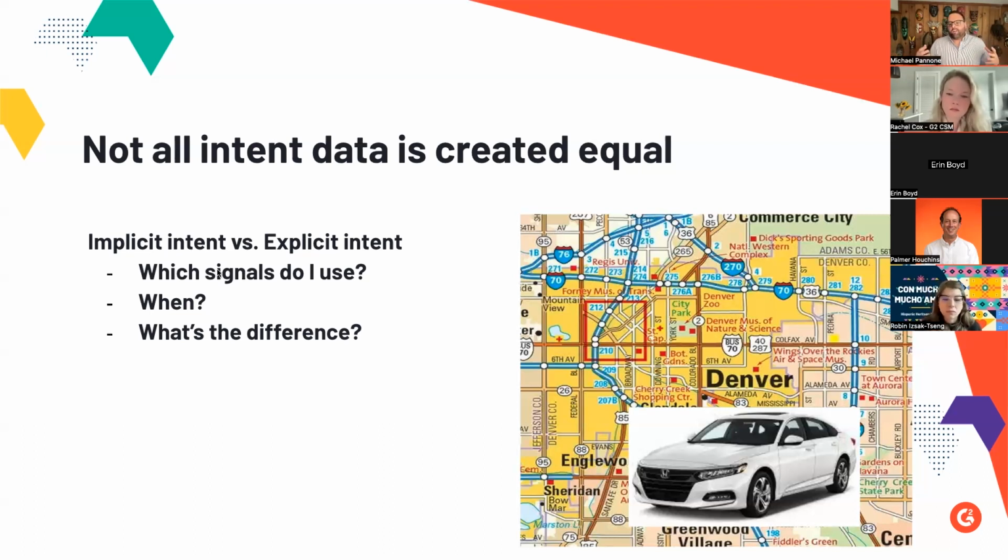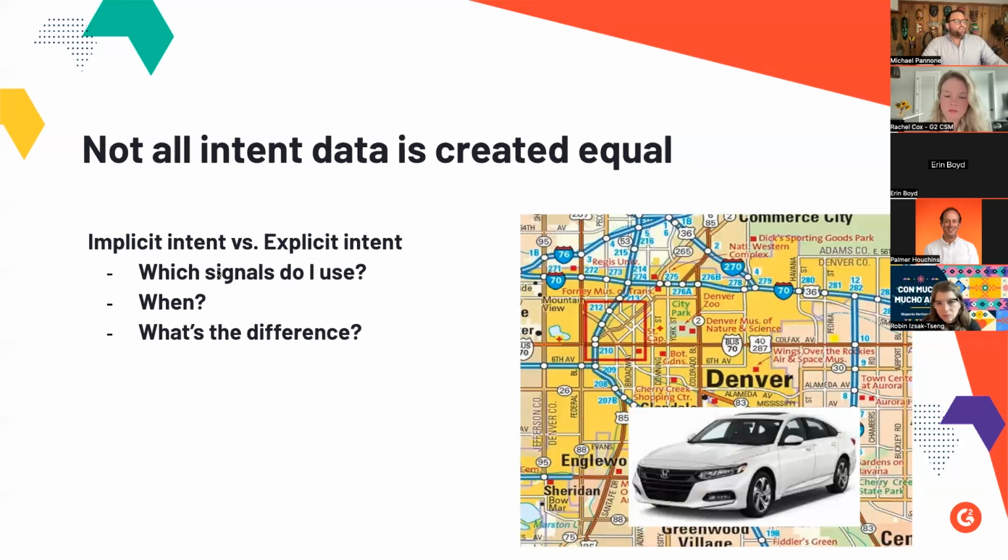A lot of those providers scrape the internet for that data and can give you that to use in campaigns. So that's the way that we usually think about implicit data. There are people who are out there researching, comparing, and these providers are scraping the internet for that data and making it actionable for you.